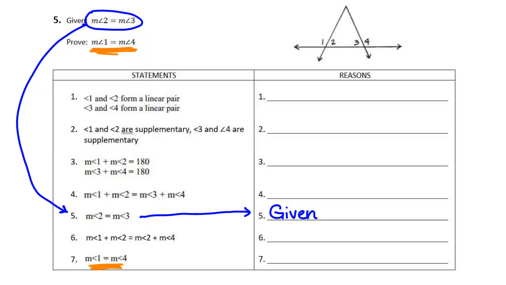It's not normal, but it's not wrong. If all of this stuff up above isn't coming from my given information, then what is it coming from? The picture. I'm allowed to look at this picture and make statements just like I can with my given information. So they decided to start off with the picture. What's the first statement they made?